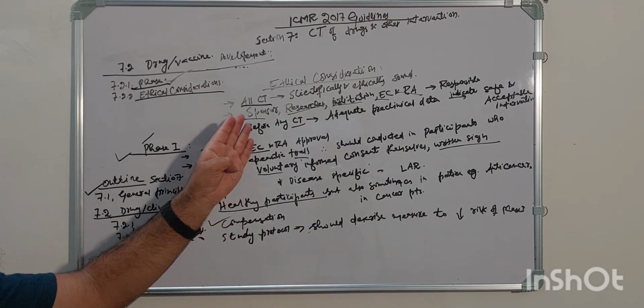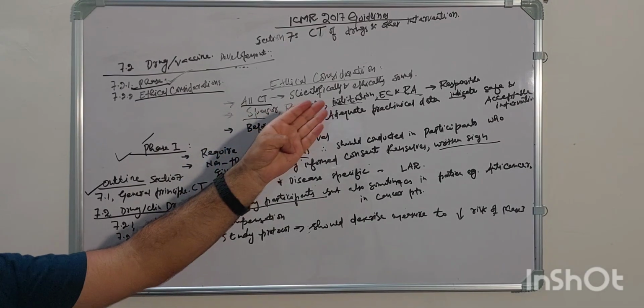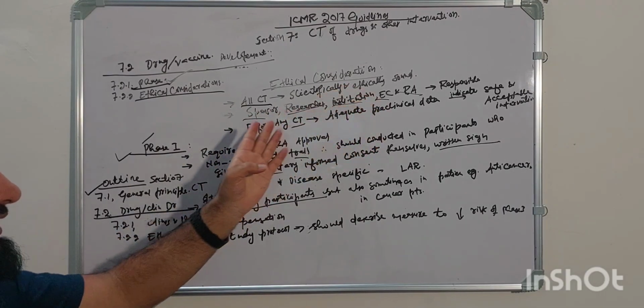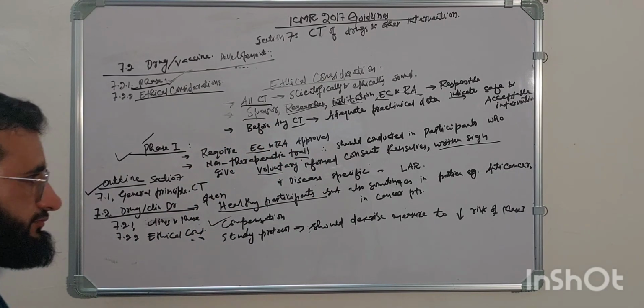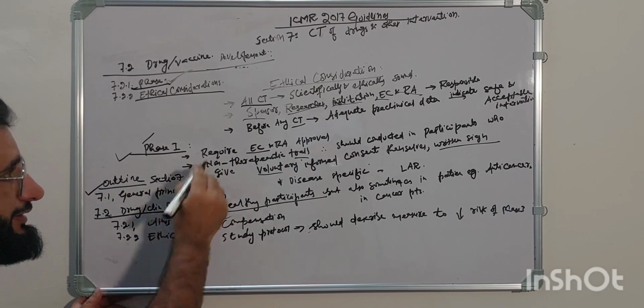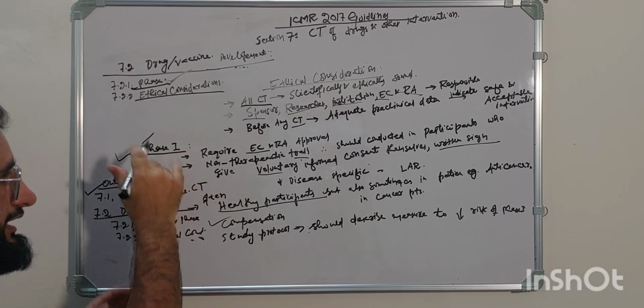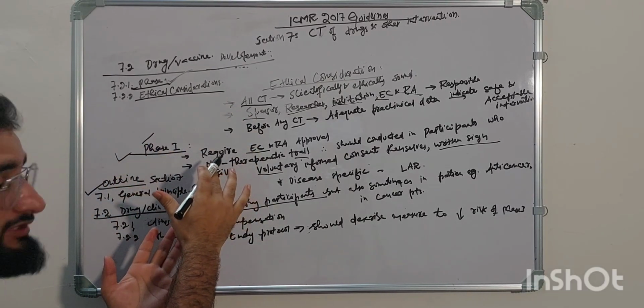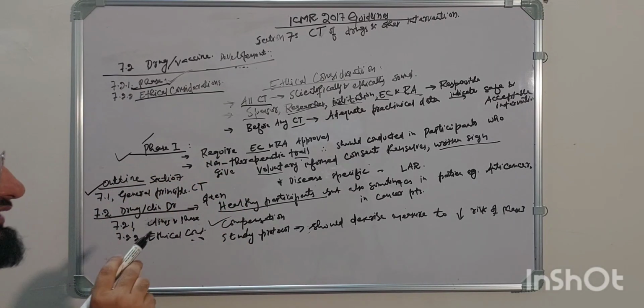They have discussed that the sponsor, researcher, institution and ethics committee are responsible, and before any clinical trial we should have adequate preclinical data. Then they have discussed ethical considerations specific to the different phases of clinical trial.